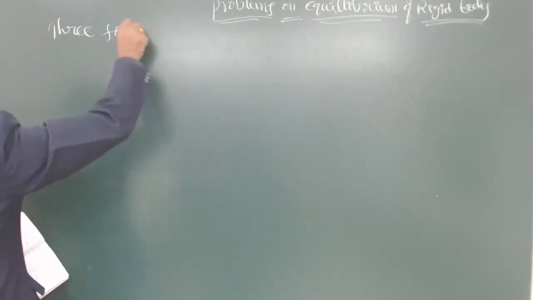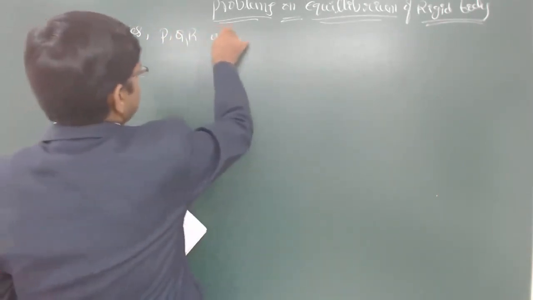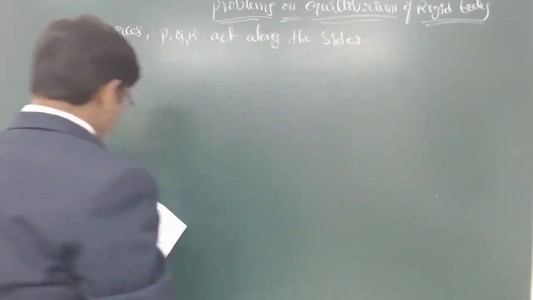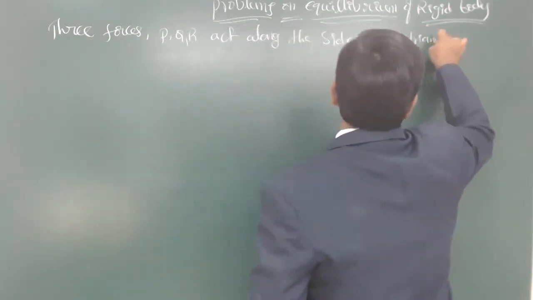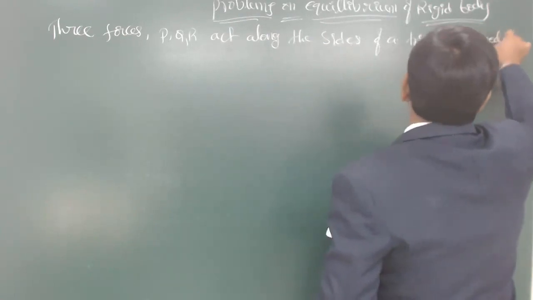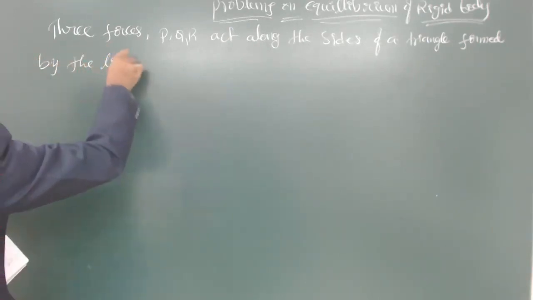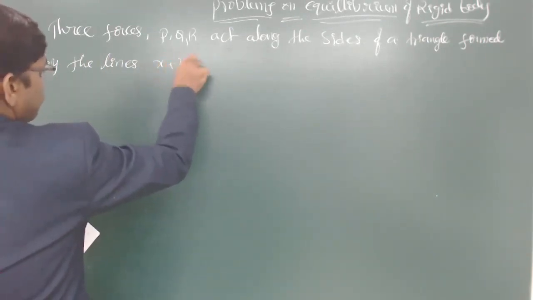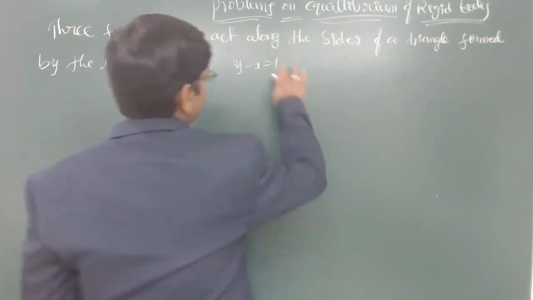Three forces P, Q, R act along the sides of a triangle formed by the lines x plus y is equal to 1, y minus x is equal to 1, and y is equal to 2.